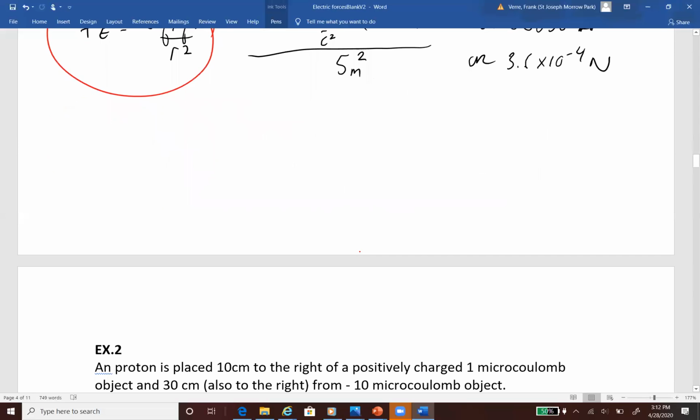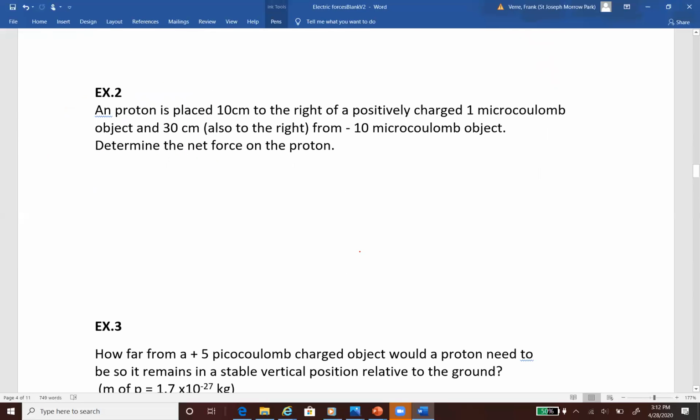The next question is looking at a positively charged object, a proton, that is positioned adjacent to two other objects. So let's draw this out. Let's say that we have a proton that's over here. It says it's to the right of a positively charged object and a negatively charged object.